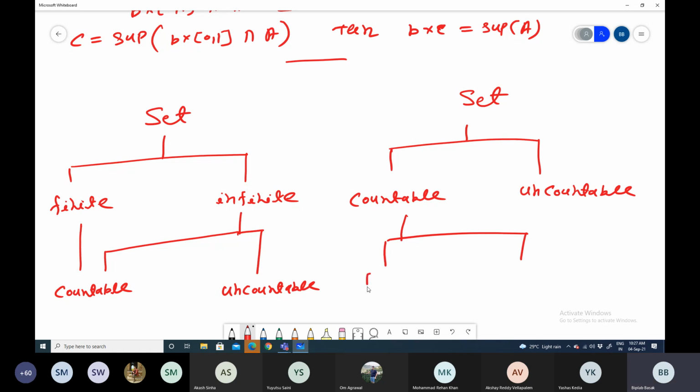So it has two options, finite and infinite. Okay. And an uncountable set is always infinite. So this is the chart. Okay, now I will define all of this. So what is finite, what is infinite, what is countable, what is uncountable.